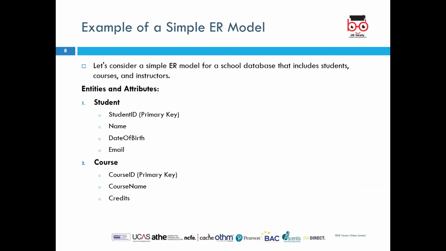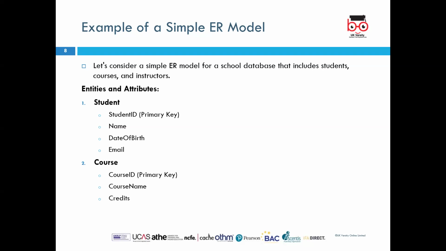So we normally use a student management system as an example. Here we have an example where we have entities and attributes. We can now present our primary key, which is our student ID, and these entities now have various attributes.